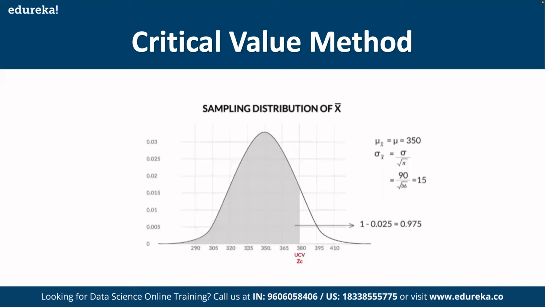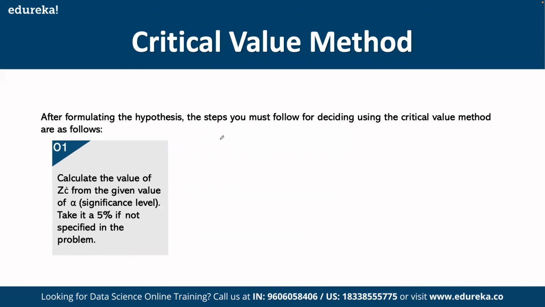Once we formulate the hypothesis, the steps that we generally take using this critical value method are, first, to calculate the value of Z from the given data set at a specific significance level, alpha. So let's say it can be 5%.